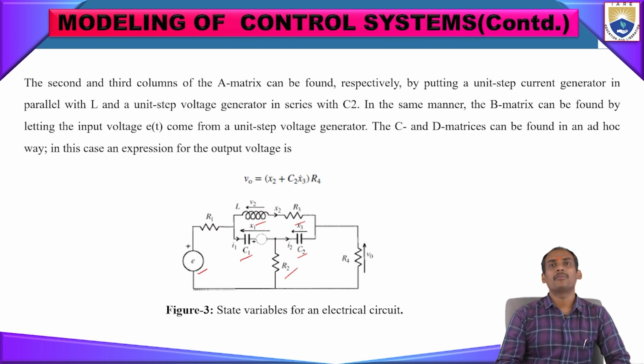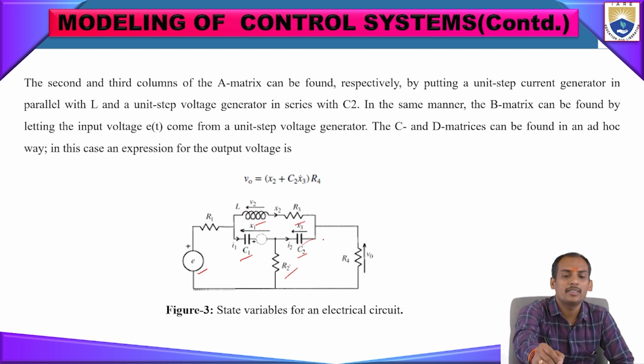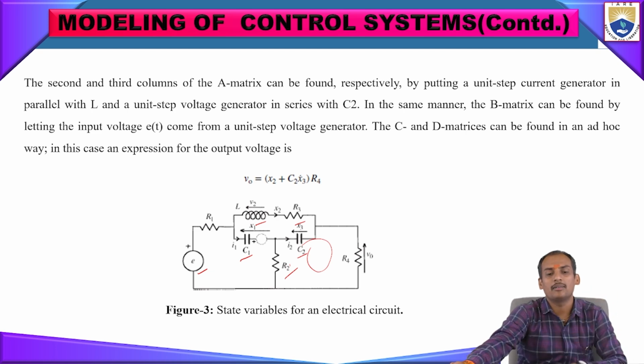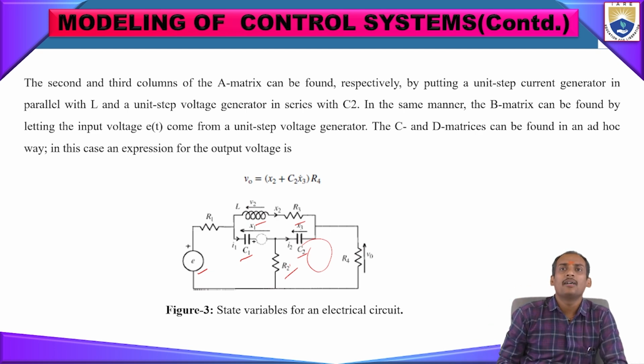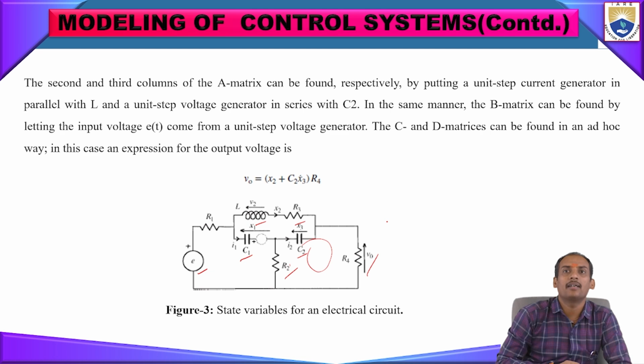Here the voltage will be equal to x2 plus C2 x dot 3 into R4. For this loop, x1 and x2 are the currents charging through that variable. So we can write that V0, the voltage generated around R4, will be equal to IR.